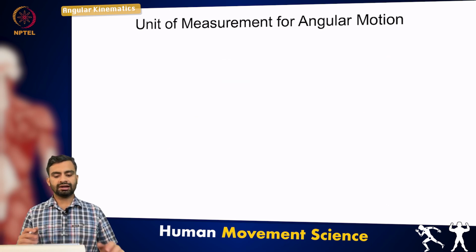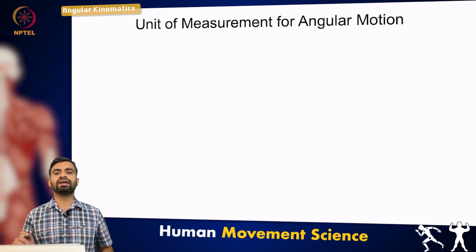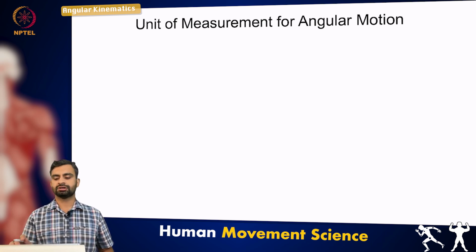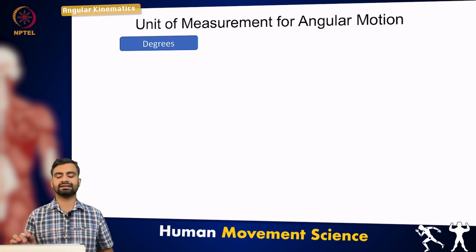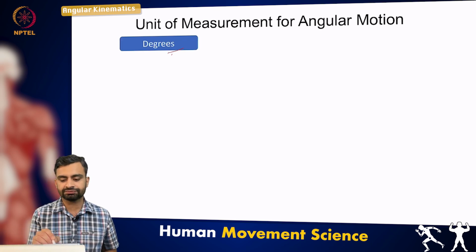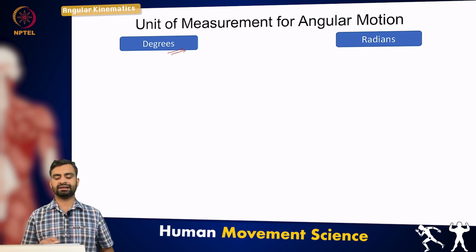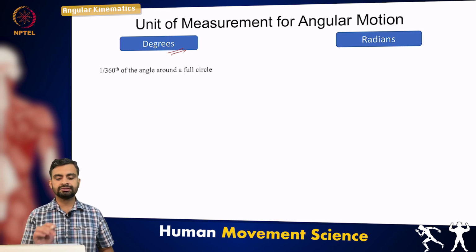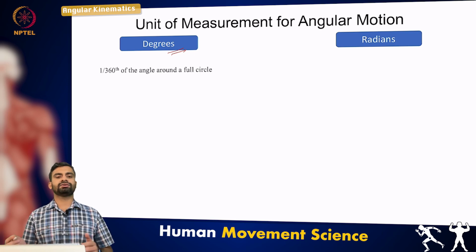Now let's look at the various units involved in the measurement of angular motion. Angular motion can be measured either in degrees, which we are very familiar with, or in radians. A degree is 1/360th part of a full circle.